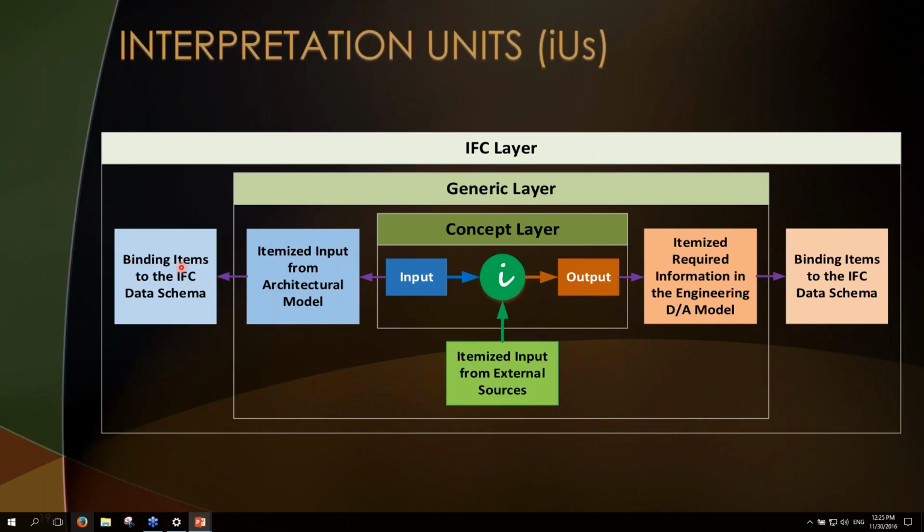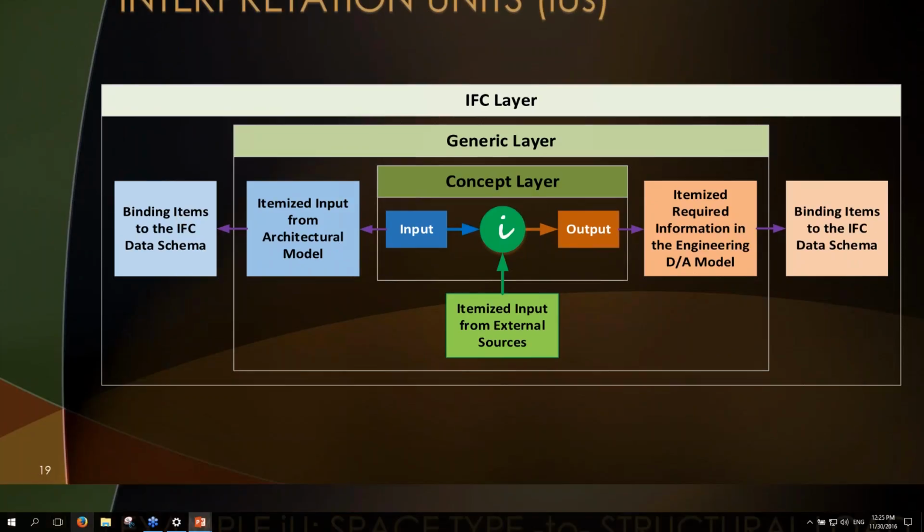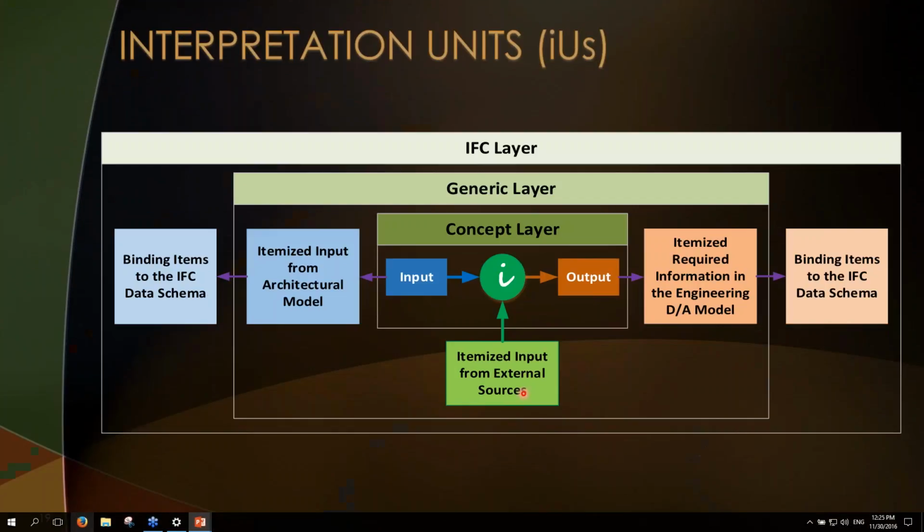So it's the same concept that we use in IDM and MVD. We define our information requirements in IDMs and then bind this information to the IFC schema to come up with MVDs. And then along this process, we might also need some external information that we define in the generic layer.